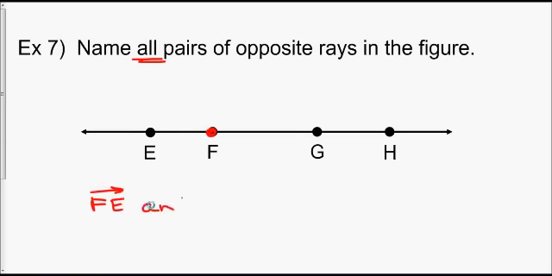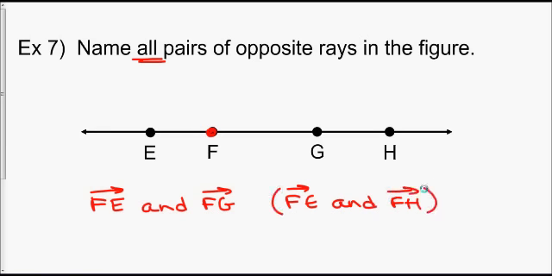And opposite of that, we have either FG or FH. So we could have said this, and FG and FH are exactly the same, so this is kind of repetitive.